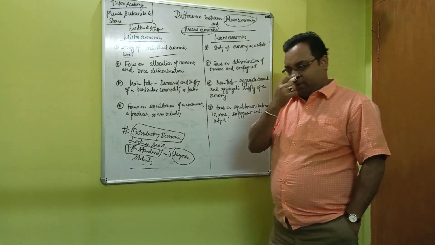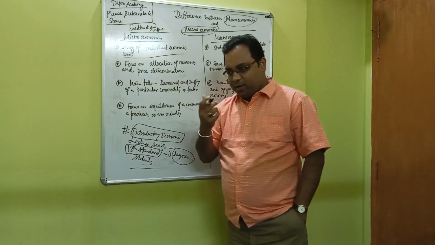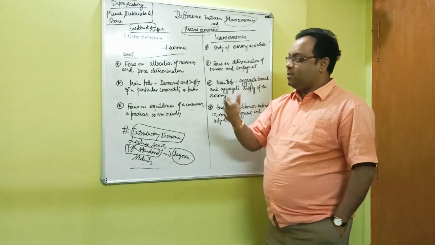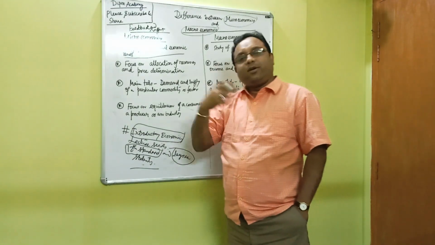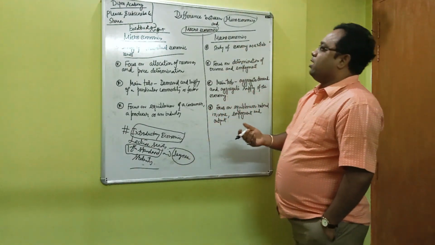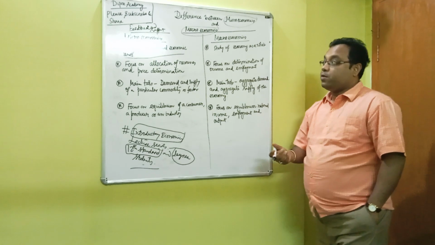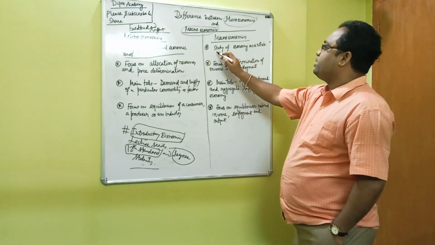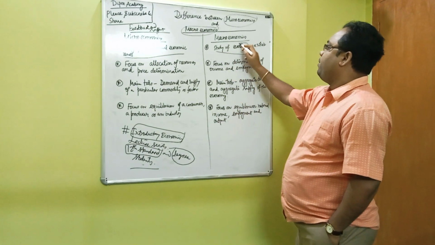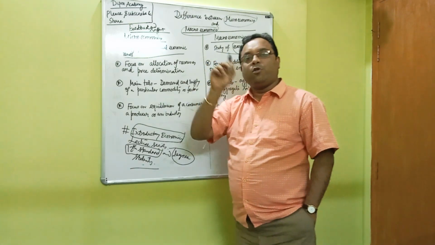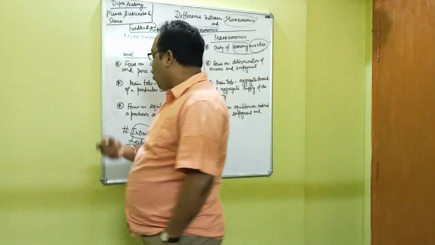Microeconomics is the study of the economic problems of individual economic units. Macroeconomics is the study of the economic problem of the economy as a whole.